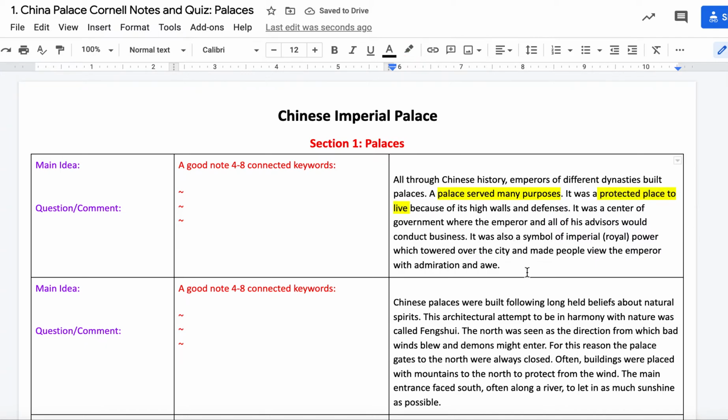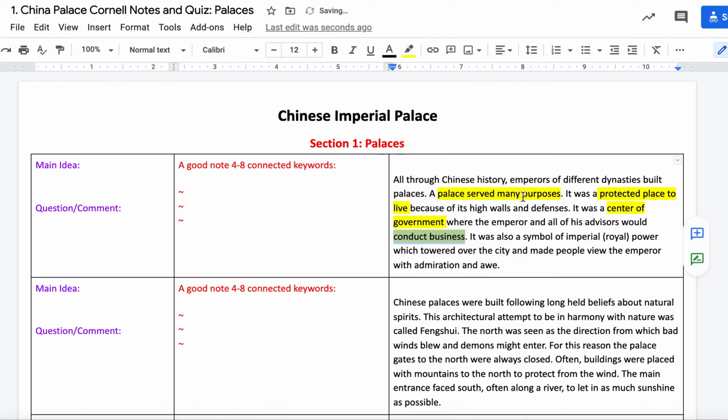All right, next, you want to say that it was a center of government. So I'm going to highlight that it was a center of government. And the emperor and his advisors would use it to conduct business. So I'll go ahead and put that there.